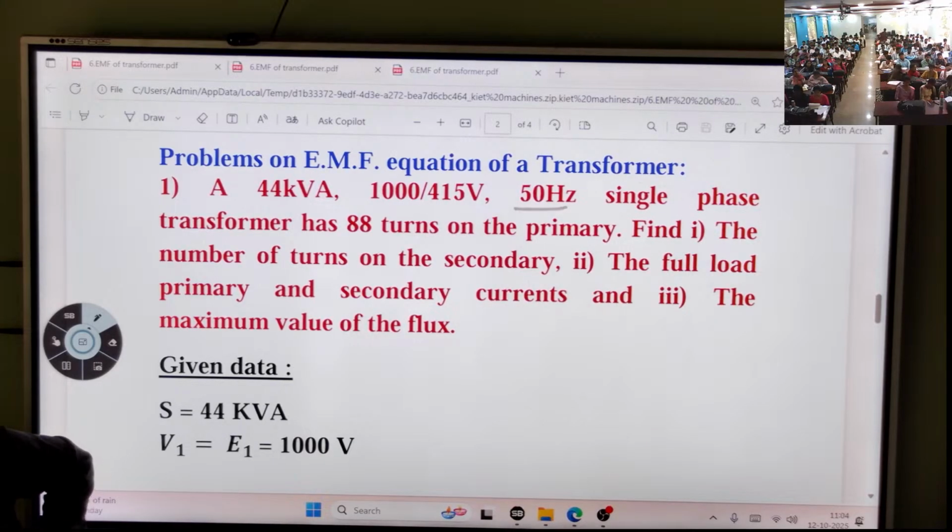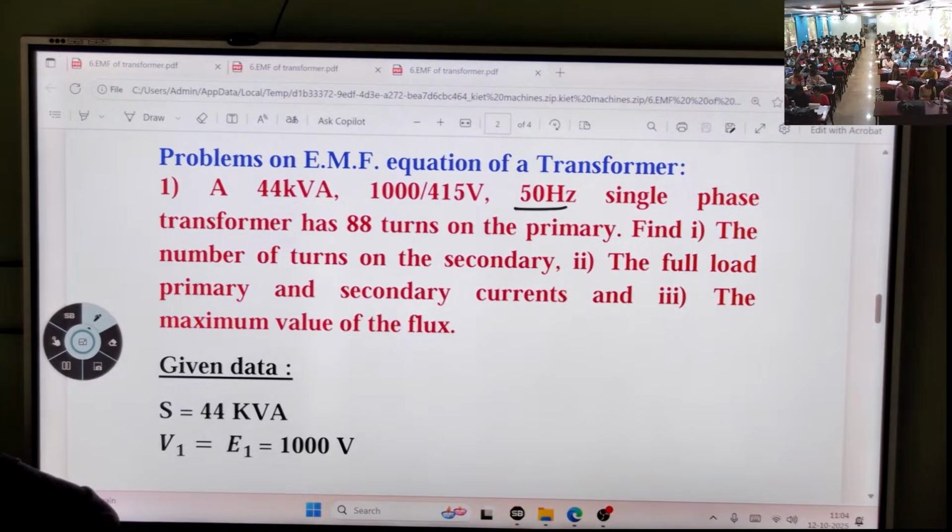Now write down the given data as a solution. P is given, you may write P1 or P2. Why? Because in the transformer P1 is equal to P2. Then V1 is given. V1 is 1000, V2 is 415 volts. F is 50.